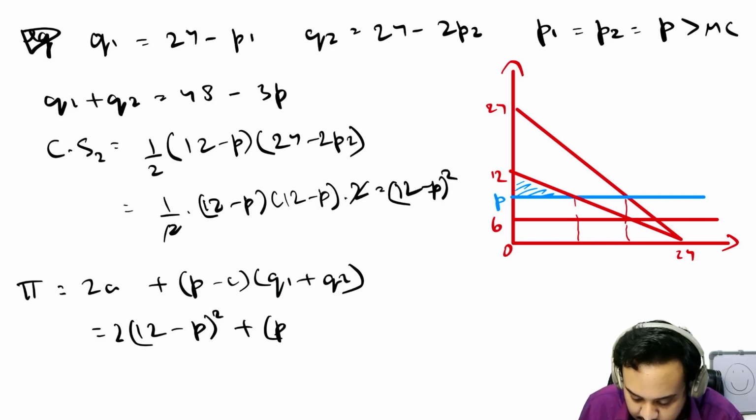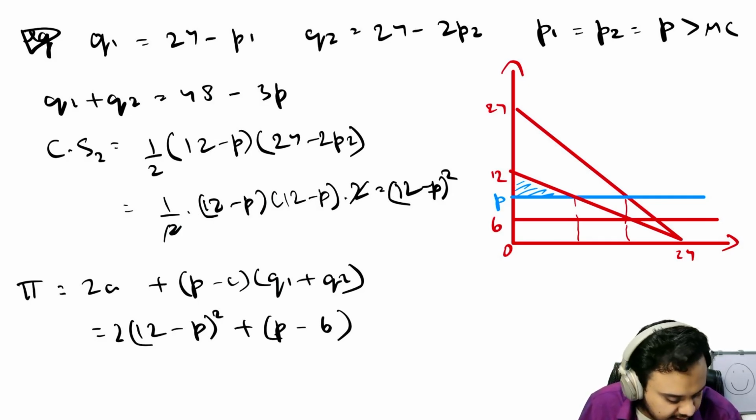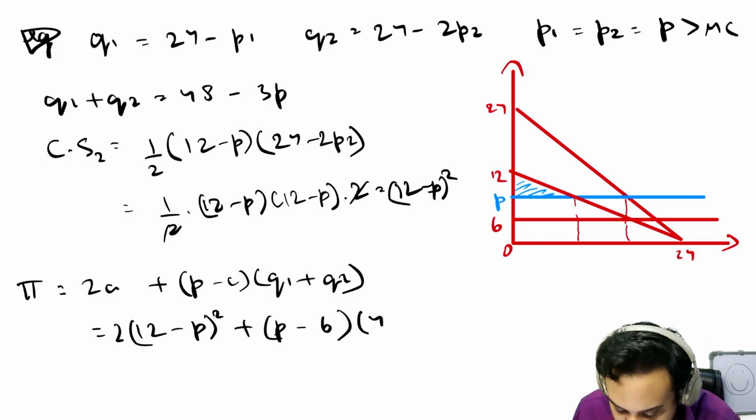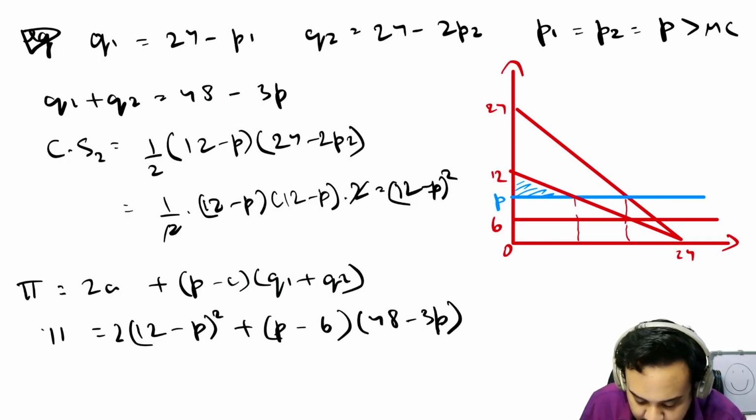Then you write price minus the cost was 6, right? It was 6, and total quantity we have already found out, it is 48 minus 3P. So this is your equation in terms of P.